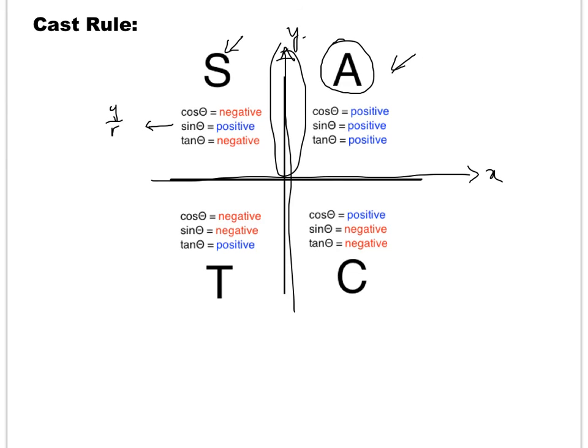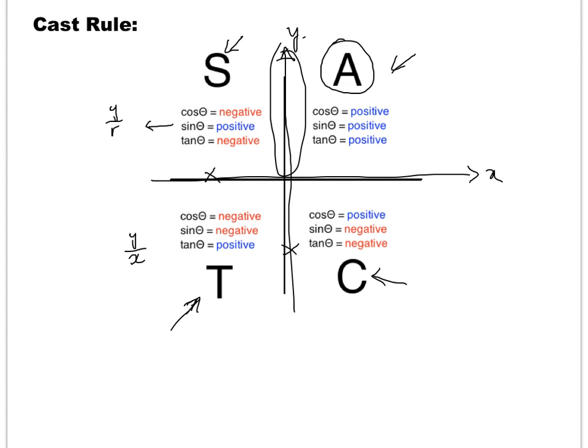Now we go to the third quadrant here. In the third quadrant, we know that tan theta is y over x. Since x and y are both negative here, tan is positive. Since the only trig ratio which is positive is tan, let's denote this one to be T. And last one, quadrant 4.